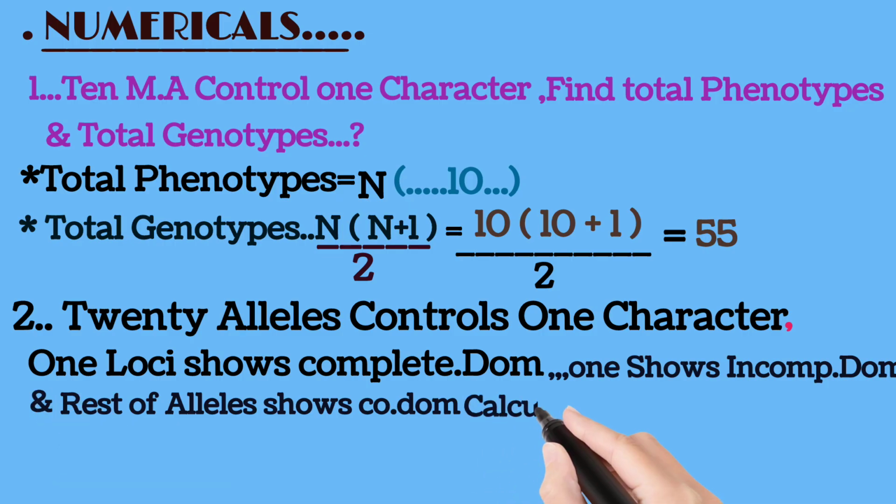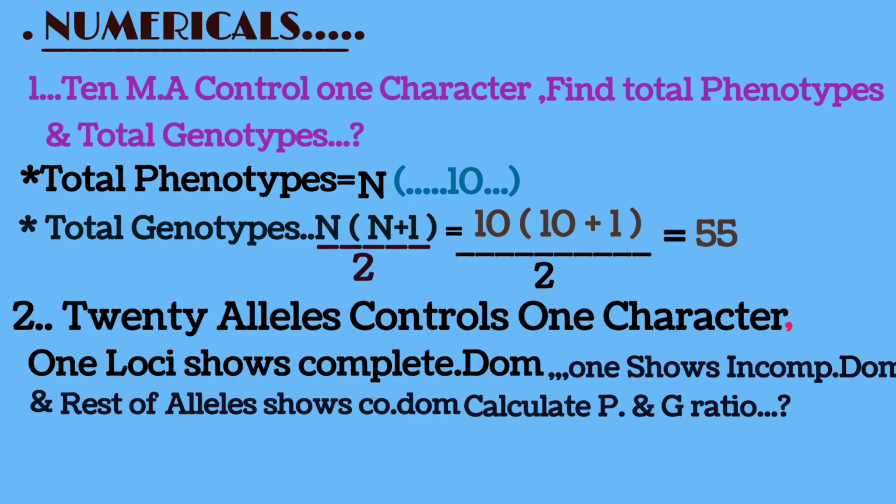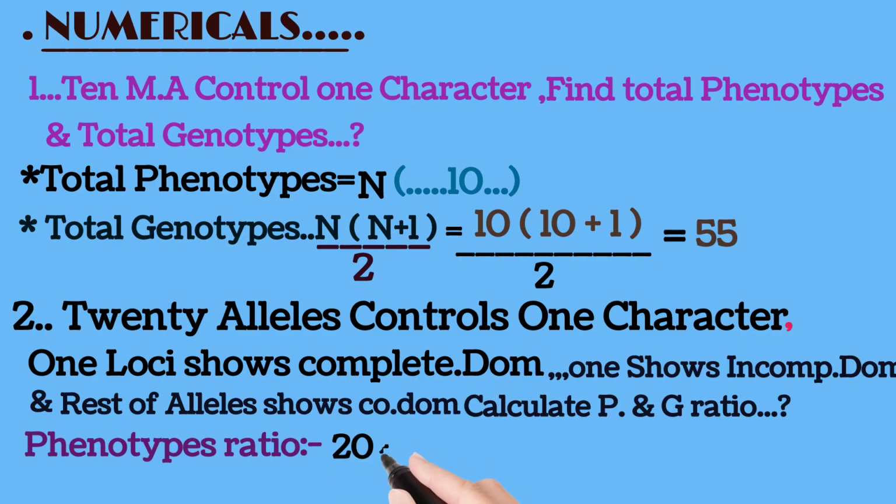We have to calculate the phenotypic and genotypic ratio. As already discussed, here are 2 important gene interactions, one incomplete dominance, another codominance. So the phenotypic ratio can be calculated by formula number two, meaning 20 multiple alleles plus 2 gene interactions. It is equivalent to 22 phenotypes.